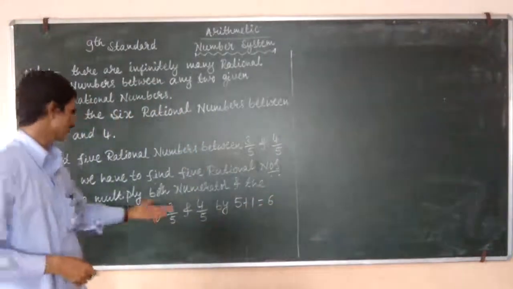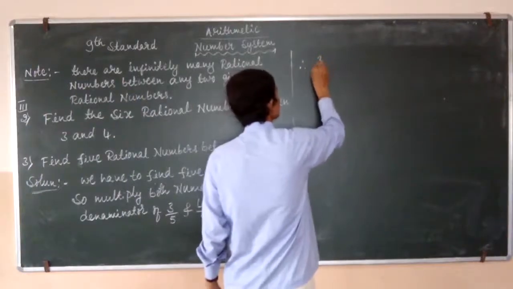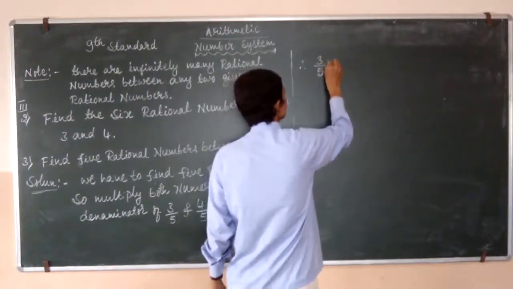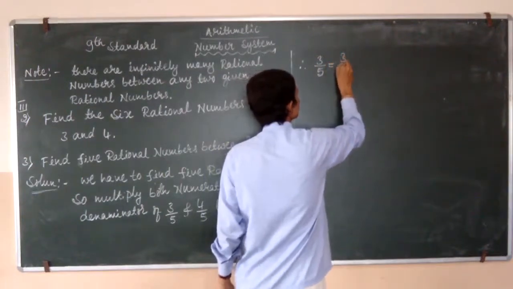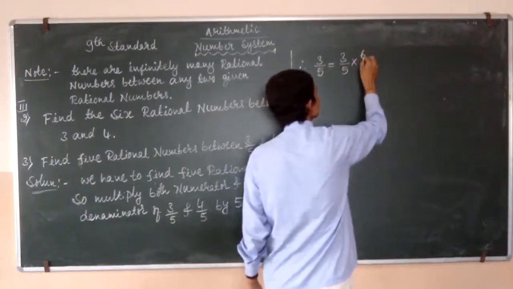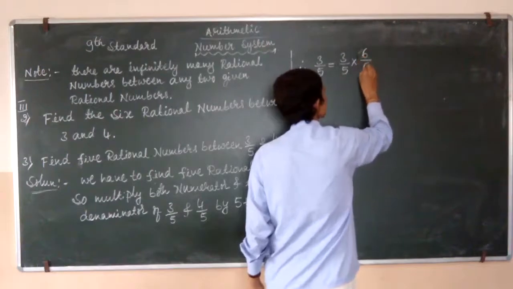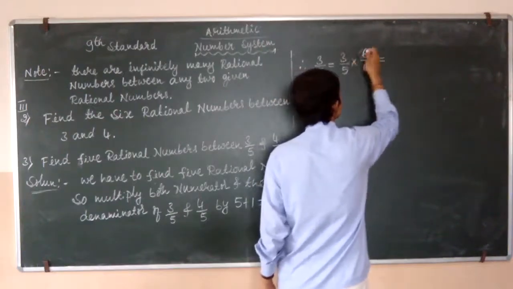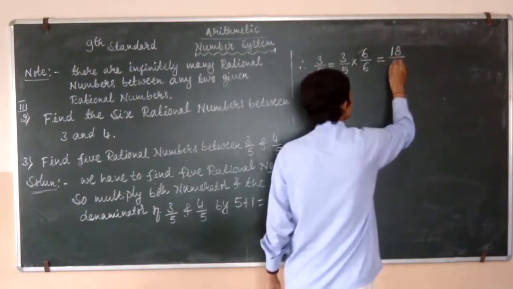So now this can be written as 3 by 5 equals 3 by 5 into 6 by 6. This will become 6 3s are 18, 6 5s are 30.